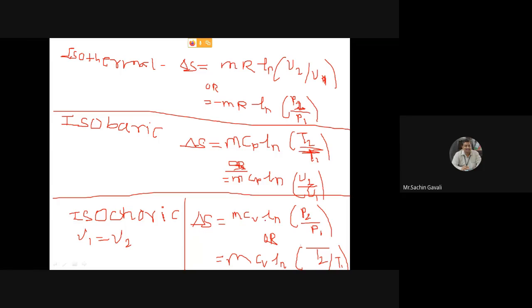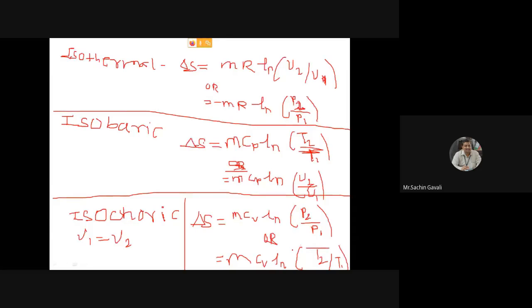Isochoric condition: mCv ln of P2 upon P1, or mCv ln of T2 upon T1. With the help of these equations, one can calculate the entropy change during the change of state of an ideal gas. Many times I am telling you in this lecture that these derivations are asked many times.